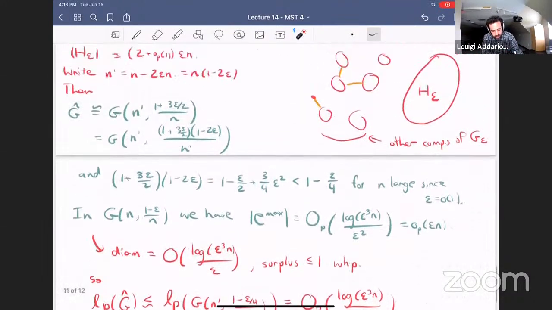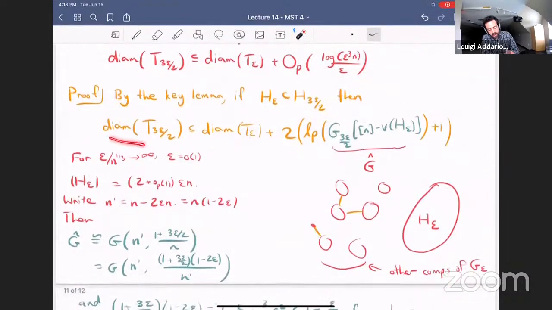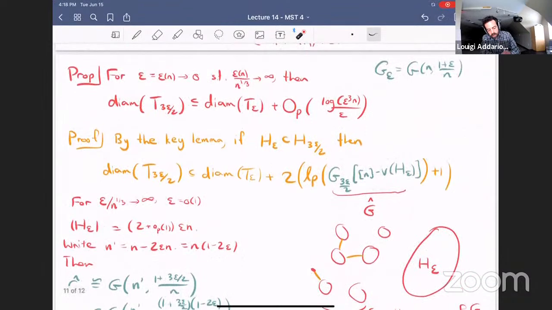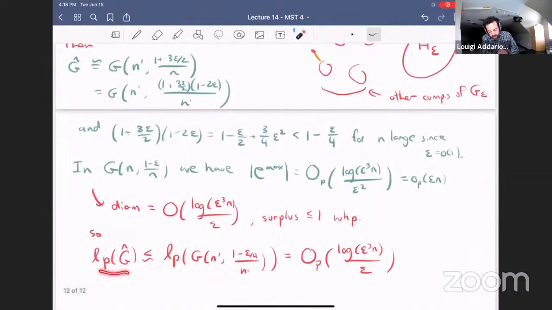And so that tells me that, right, let's back up. Where are we now? We've said that when the largest components are nested like this, we got an upper bound which was precisely of the form that we wanted. We said that this difference should be order log epsilon cubed n on epsilon, and that's precisely what we got for the longest path.